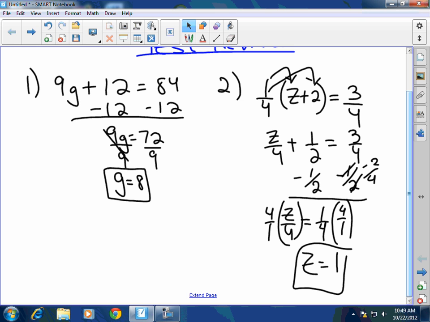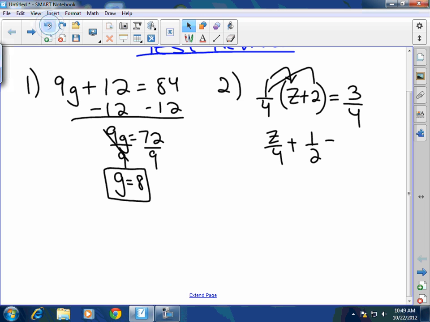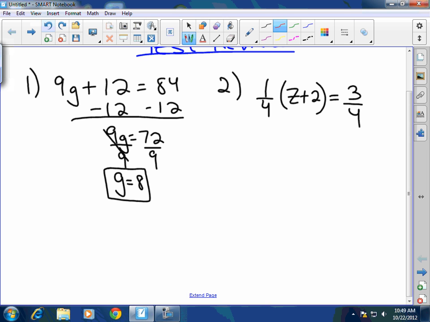I don't really like that way because it takes a little too long and it involves too many fractions. So what I'm going to do is the easier way that I had taught you. I have a denominator of 4 that I want to get rid of. So in order to do that, I multiply both sides by 4 over 1. This 1/4 has not been distributed yet.